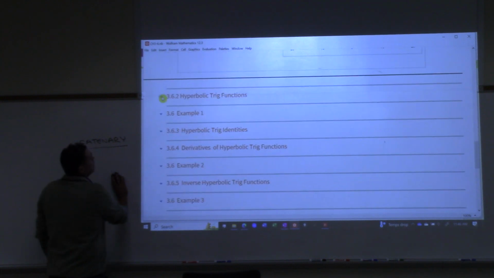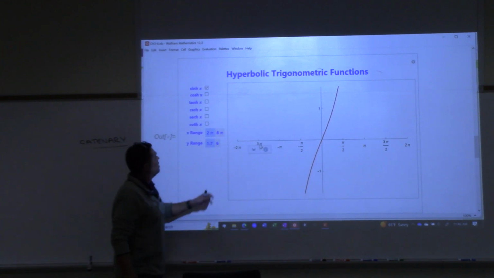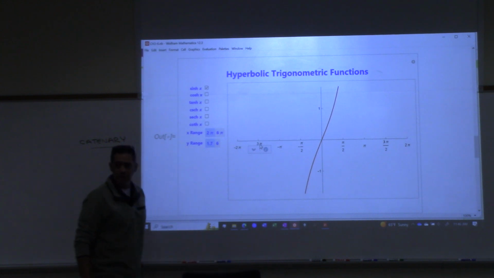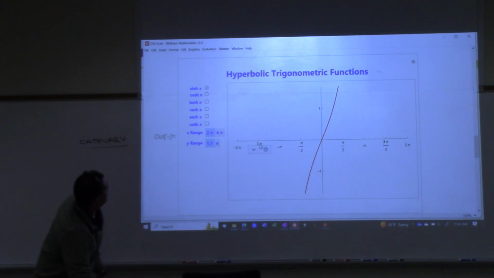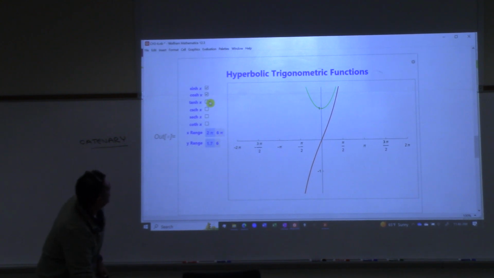And here are the actual hyperbolic trig functions. This is the sine hyperbolic function, that's the graph of it. And here's your cosine hyperbolic, your catenary. Tangent hyperbolic is the ratio of those two, sine hyperbolic divided by cosine hyperbolic.